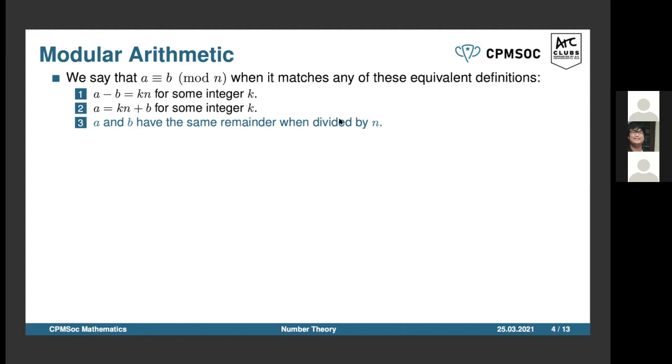You can also say that one is a multiple of n plus the other, which is just a rearrangement of that first equation. And you can also say that they have the same remainder when divided by n, which might be something you've touched since primary school.